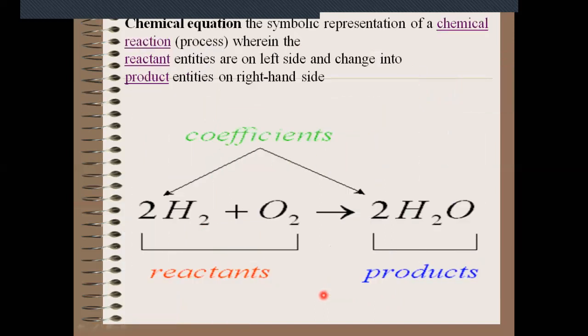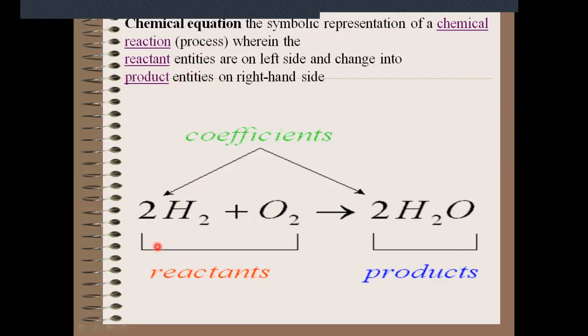So let's start our topic. What is a chemical equation? A chemical equation is a symbolic representation of a chemical reaction, or we can say that when a chemical reaction is represented in terms of symbols, formulae, and signs, then that expression is called a chemical equation.